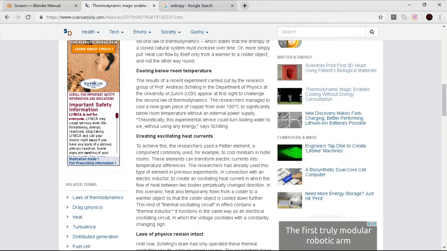The researcher managed to cool a 9-gram piece of copper from over 100 degrees Celsius to significantly below room temperature without an external power supply. Theoretically, this experimental device could turn boiling water to ice without using any energy, says Schilling.